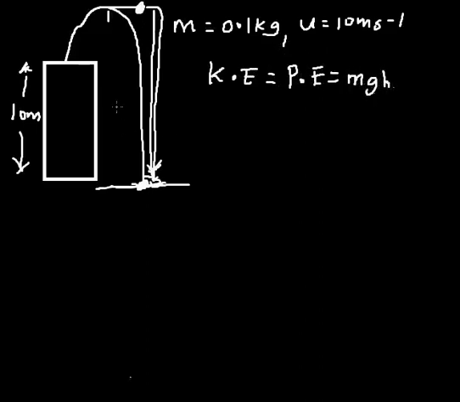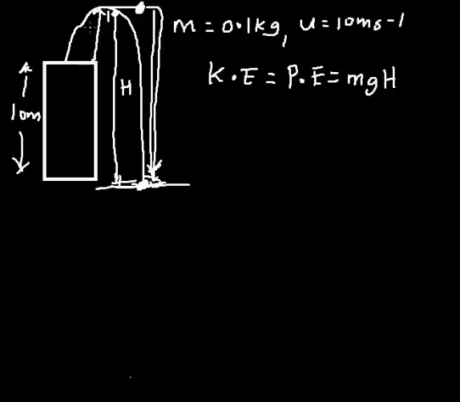Now the height I'm looking for, let me use capital letter H for this height. Remember, there are two heights. The height I'm looking for is the height all the way from the maximum height to the point where it reaches the ground. But there's another height, which is the height from the top of the tower to the maximum height.